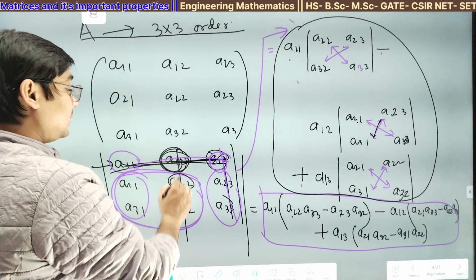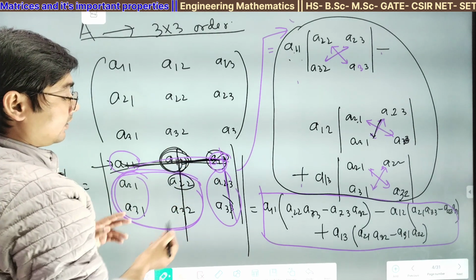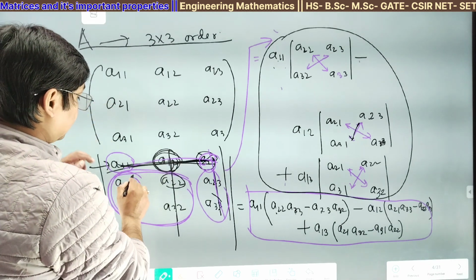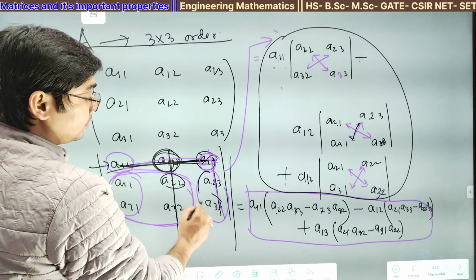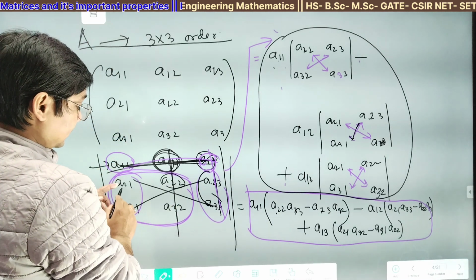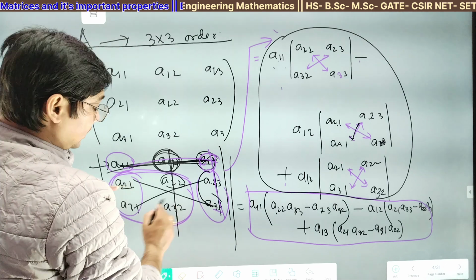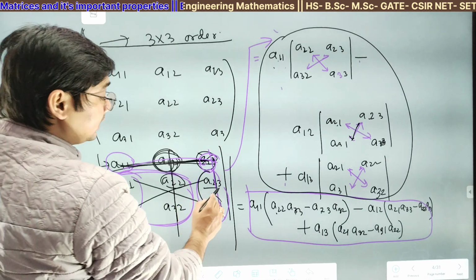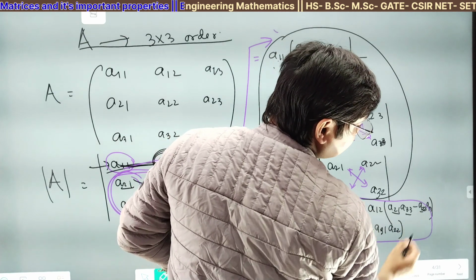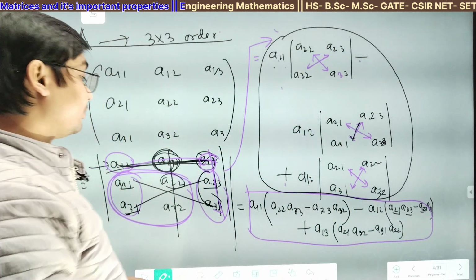Cancelling this, what will happen? See, now these 4 elements will be there, these two. So you take this one and this one. That means A21, A33 minus A31, A23.